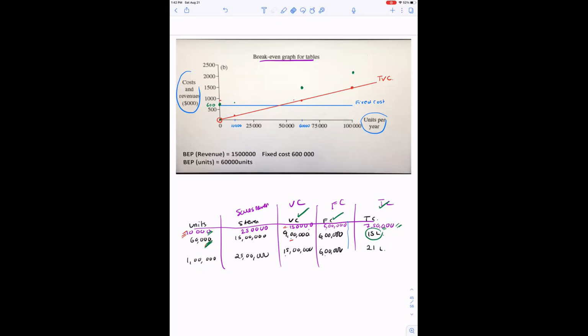That means the total cost always starts with fixed cost. And this is the line of my total cost. The total cost will run parallel to the fixed costs. The total cost will run parallel to the total variable cost.